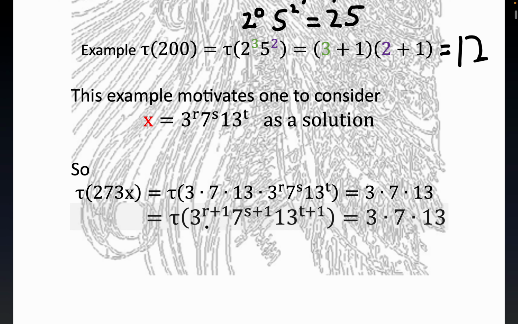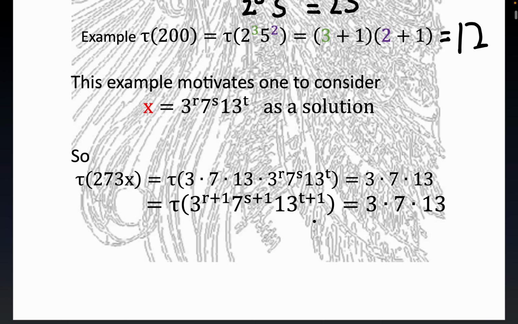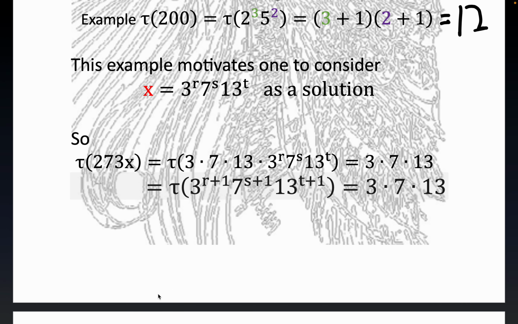By the basic laws of exponents, that's why you have r plus 1, s plus 1, and t plus 1. Now we implement the increment part: r plus 2 times s plus 2 times t plus 2, adding 1 to each of the exponents.